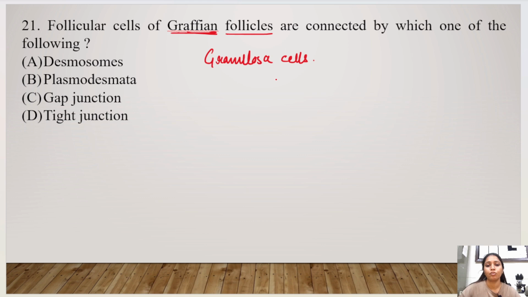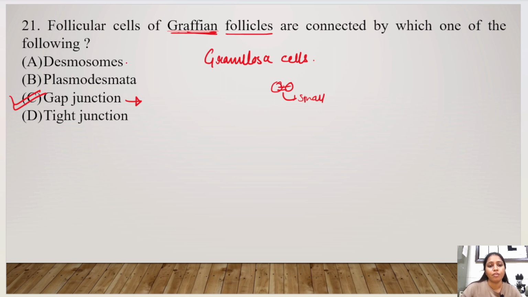These cells are connected together through the gap junctions, which allow direct passage of ions, small molecules and signaling factors between adjacent cells. So this cell-to-cell communication is crucial for coordinating oocyte maturation and follicular development. So here these cells are connected through the gap junctions, so that lots of small molecules can move easily.